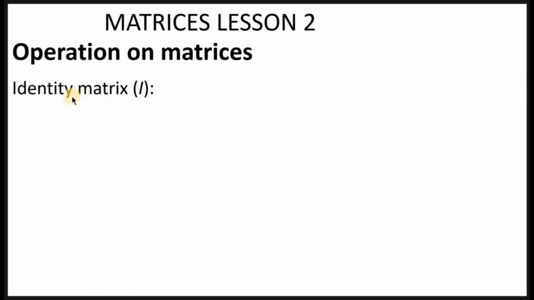So we have what we call the identity matrix, and it is represented by the letter I, like this. An identity matrix can be like this matrix here and this matrix here.